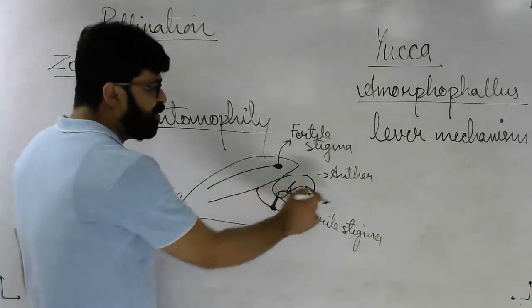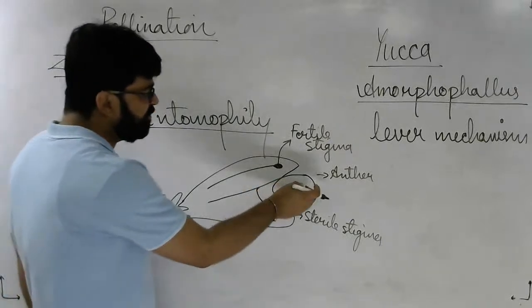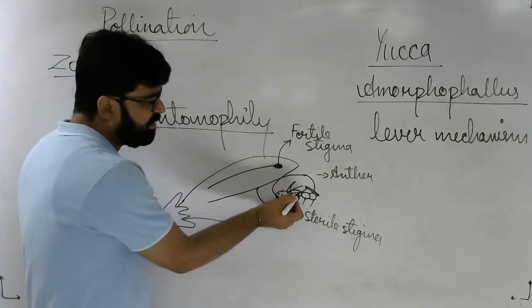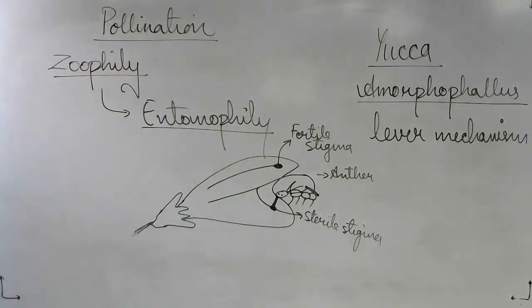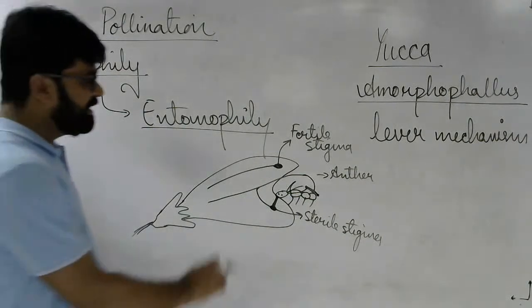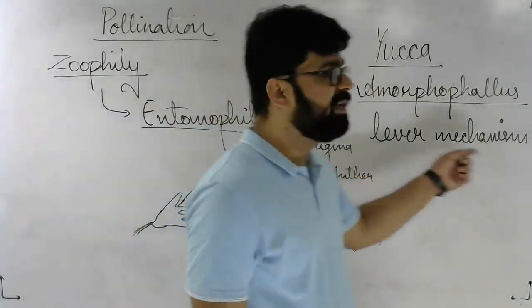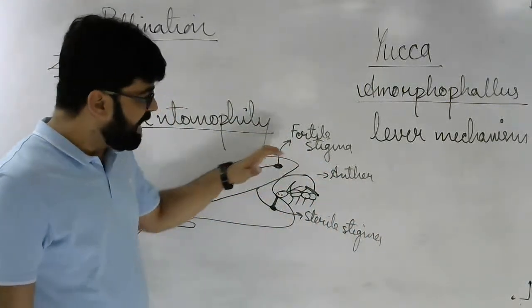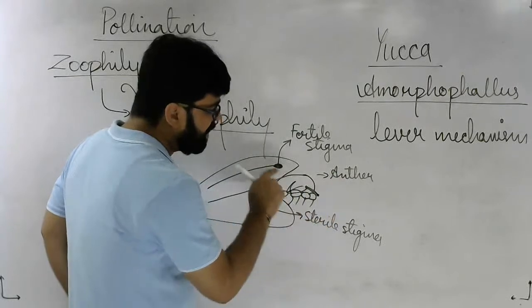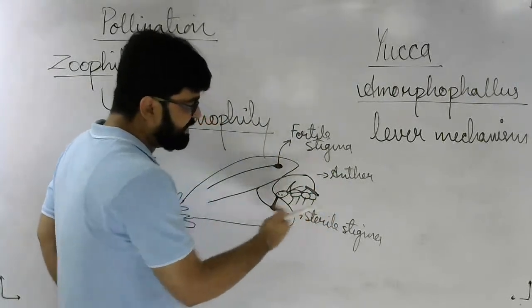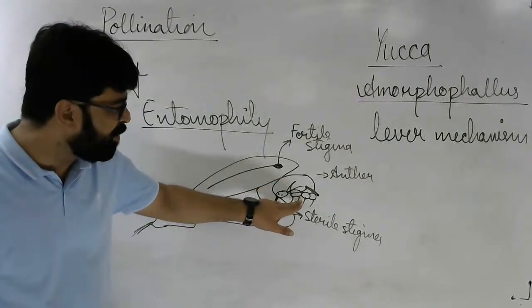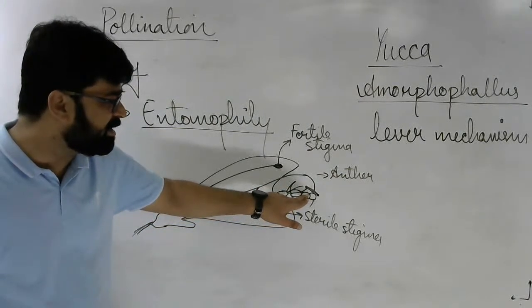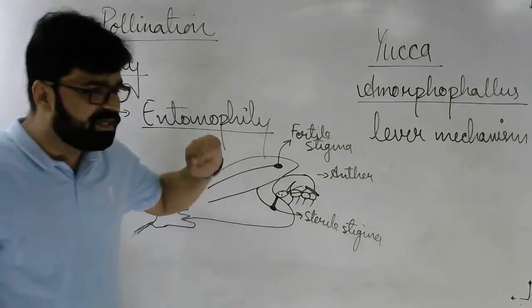Now this insect will move to another flower, and whenever it reaches another flower, it will transfer this pollen to the fertile stigma. This mechanism is known as lever mechanism, because the anther and sometimes the stigma also have grown outside the flower and move like this whenever any insect comes, so that they can touch the body, and indirectly all the pollen present on the body of the insect will be transferred to the stigma.